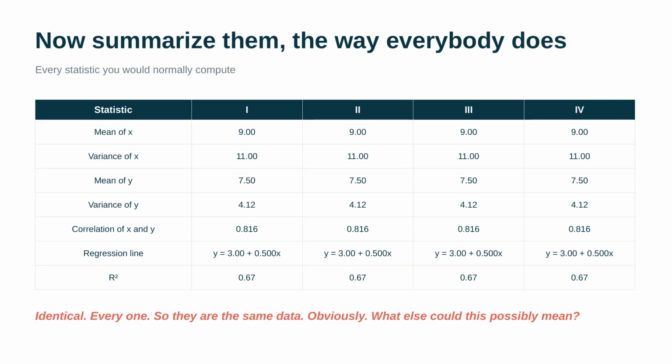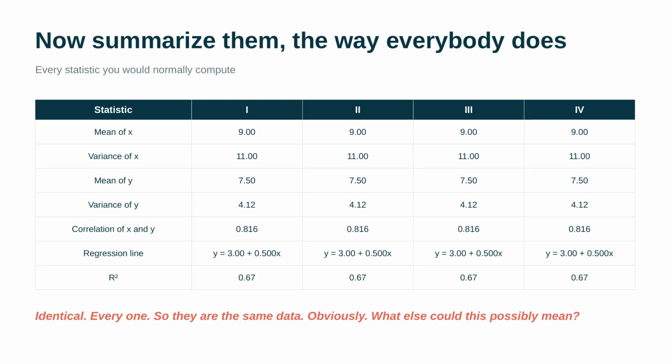Let's summarize them. Mean of X, 9.0. In all 4. Variance of X, 11.0. In all 4. Mean of Y, 7.50. In all 4. Variance of Y, 4.12. In all 4. Correlation between X and Y, 0.816. In all 4.